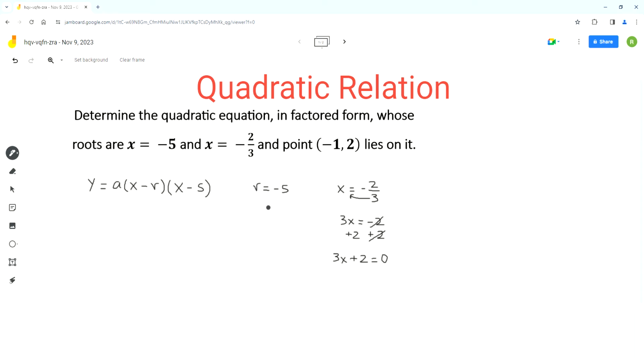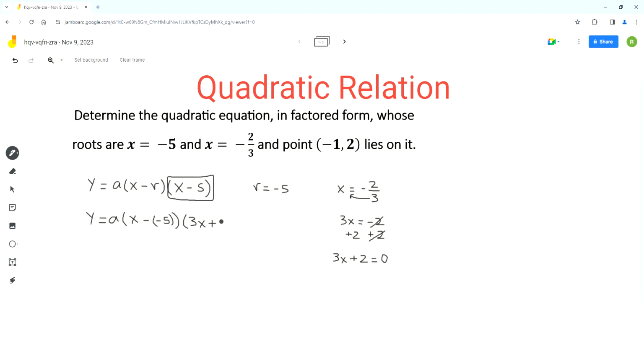So now we can sub in this r value in the general equation, and we can replace the second factor x minus s with the factor we got here, 3x plus 2. So we get y equals a, parentheses, then x minus -5, and then the second factor becomes 3x plus 2.